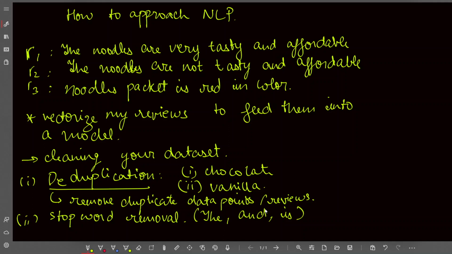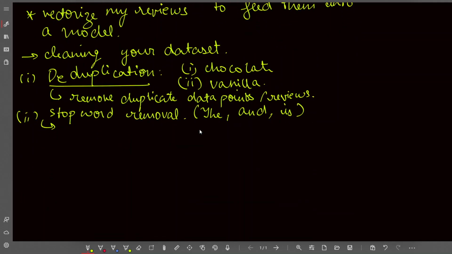All of these words occur very often in English, but they don't add any value to the sentiment or the characteristics or the information available in a review, right? These words are called stop words. So the next step is to remove stop words. You generally want to remove all your stop words.